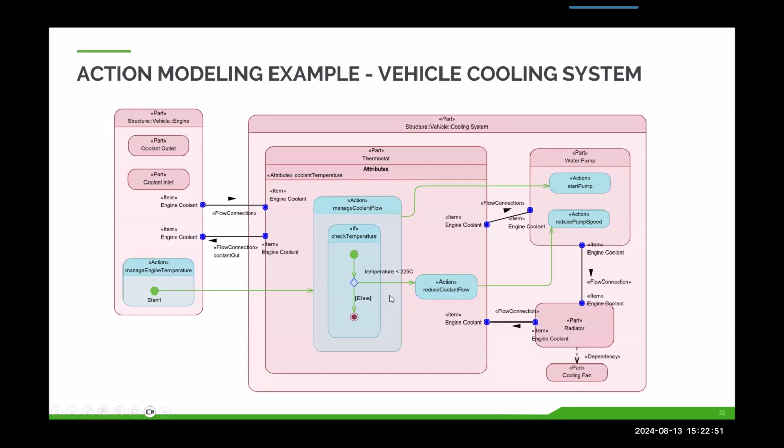If the temperature is below a certain threshold, then we'll reduce the coolant flow through to the engine. That will then trigger a reduction in the pump speed. So we can see an example here of how we can show the behavior across the structure of the model again.